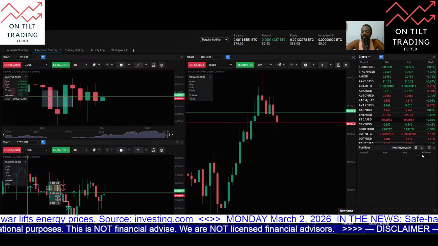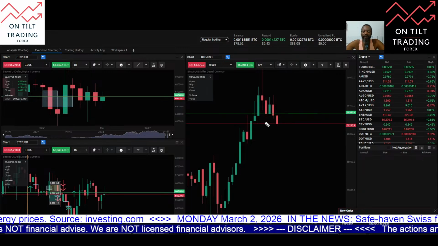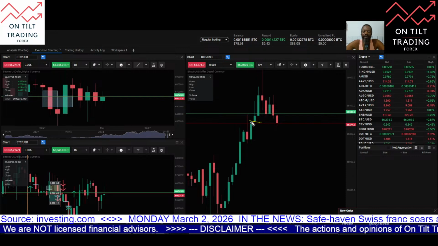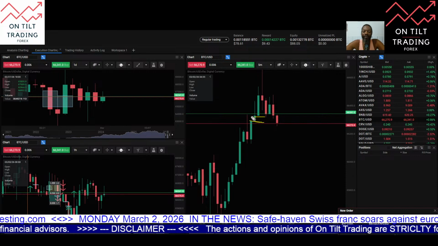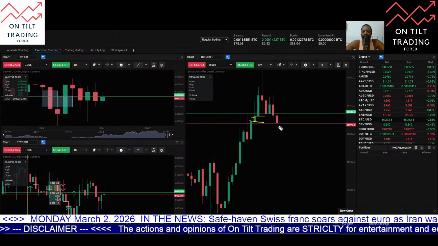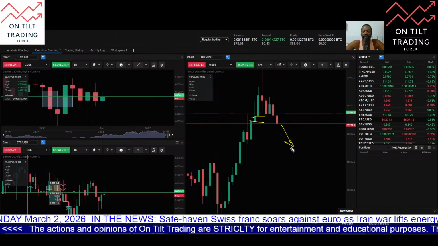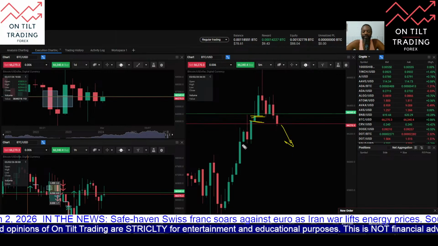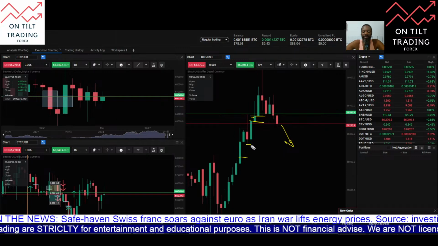So if price action closes here or below, then this fair value gap here would be disrespected, and there would be a higher probability of price returning here to the sell side.